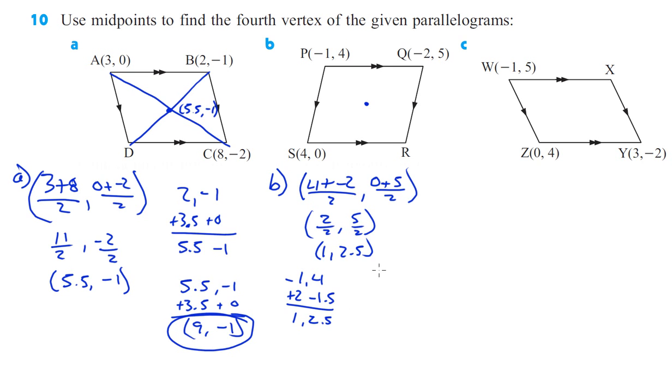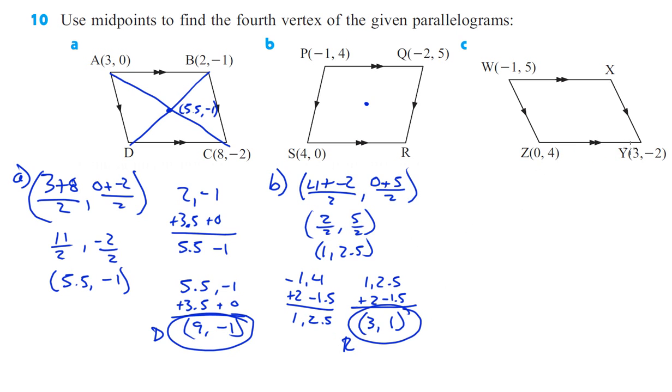Okay, so then again we start with that midpoint, which is 1, 2.5, and now we got to add 2 to the 1 and subtract 1.5 from the 2.5 to figure out what the other endpoint is. 1 plus 2 is 3. 2.5 minus 1.5 is 1, right? Okay, so there's the other endpoint, that's R, right? And then this one over here was D.